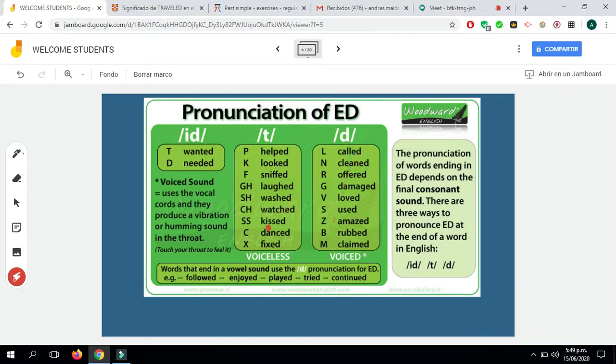And also, these sounds are voiceless or voiced. Voiceless means sin sonido o sin vibración. Guys, when we pronounce these verbs, helped, looked, that is like a T at the end, washed, we don't vibrate our vocal cords. Nuestras cuerdas vocales no vibran.